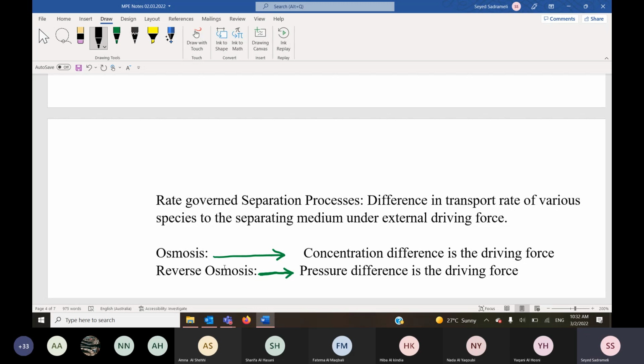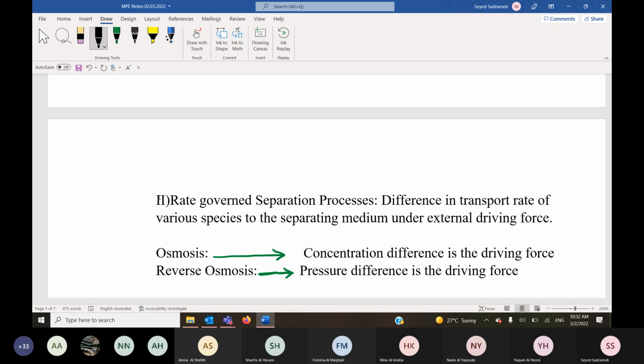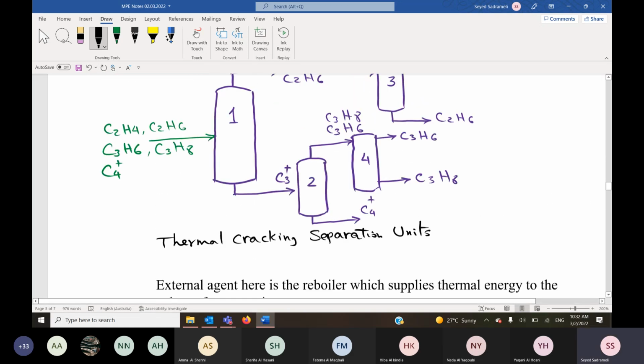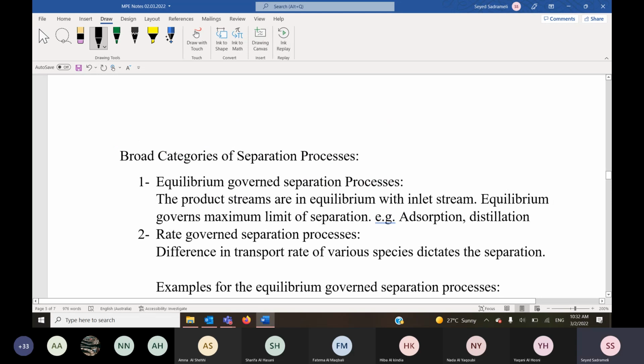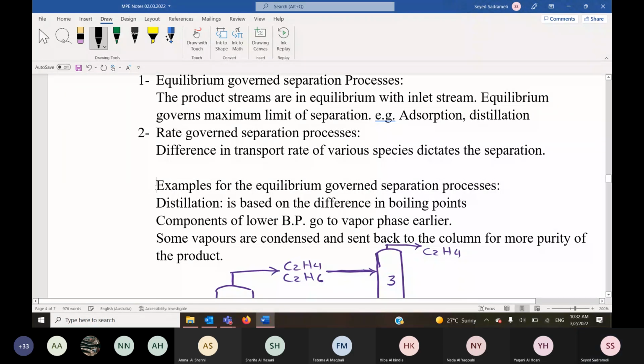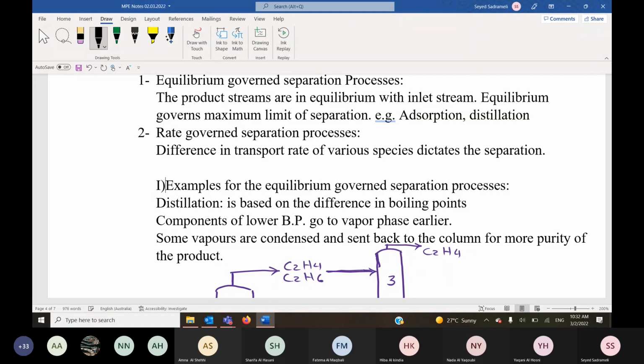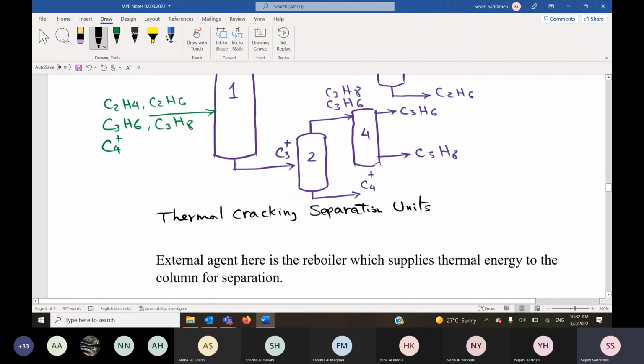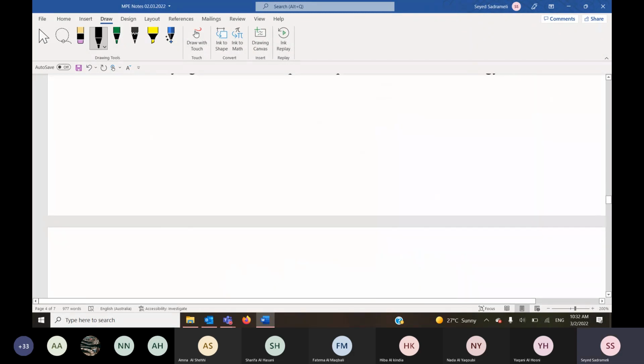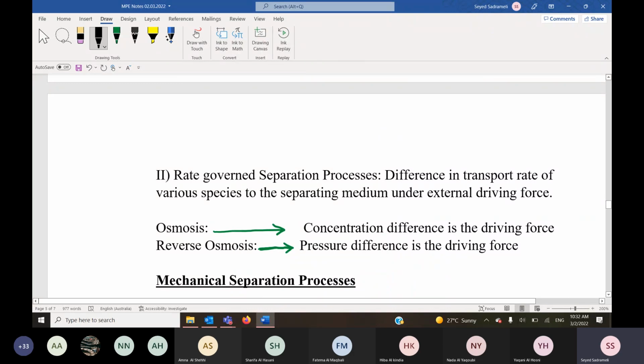The second type is rate-governed separation. First was equilibrium-governed separation; the second is rate-governed separation. So some species in the mixture have different transport rates, and then they can move through the system.